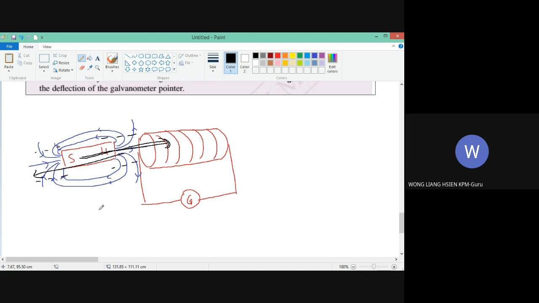Then inside the solenoid, you will have induced EMF. Induced EMF is produced inside the solenoid, and then the induced EMF will be able to push the charge to flow. And when you have charge flow, then you have electric current. This electric current we call induced current.